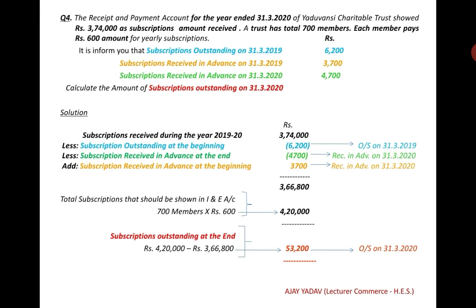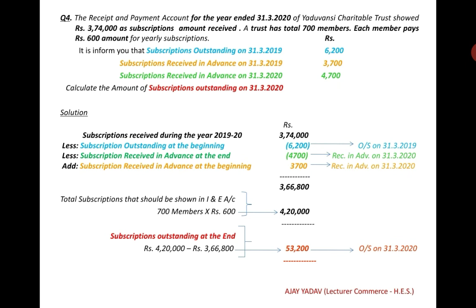To find it, we will simply add subscription received in advance at the beginning and subscription received during the year 2019-20. Then we will deduct subscription outstanding at the beginning and subscription received in advance at the end. The figure becomes 3,66,800.